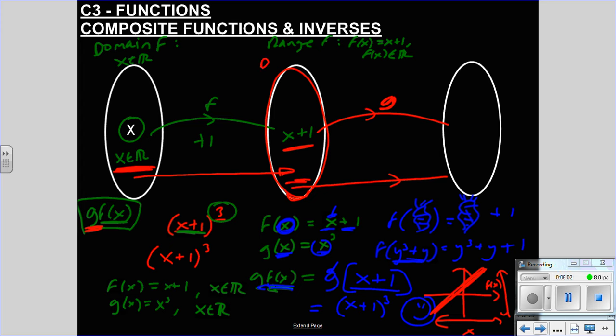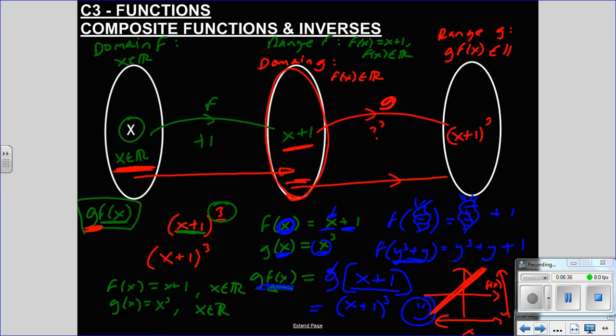So therefore, the domain for g has become the range of f. So the domain for g, f of x, is all real numbers, right? g then takes that value and cubes everything, and produces our range of g, which is g of f of x.